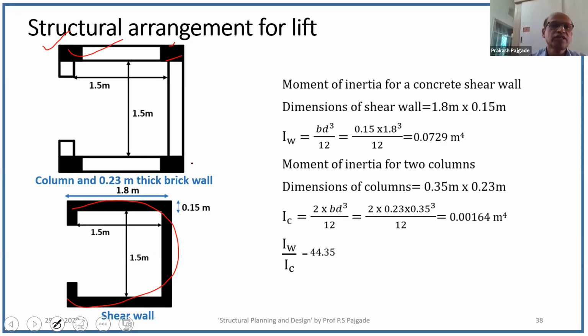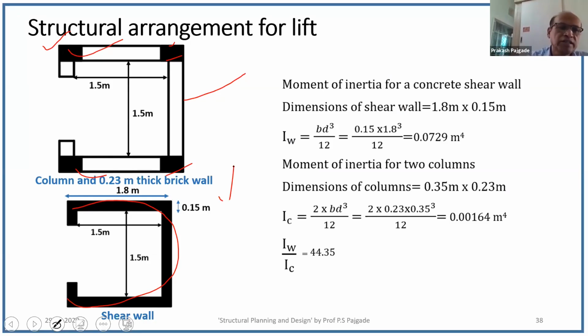Let's see what is the difference between the columns and the RCC wall. When 4 columns are provided and brickwork is provided as per the specification, we must have a 23 centimeter thick brick wall, or you can have a 0.15 meter thick RCC wall.